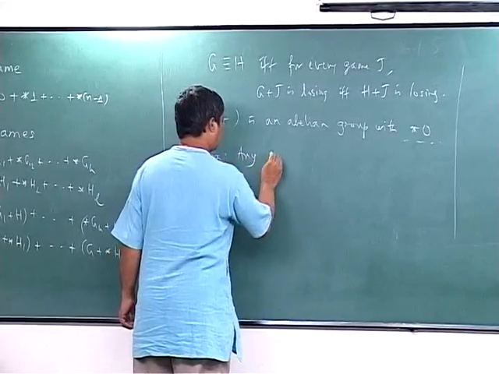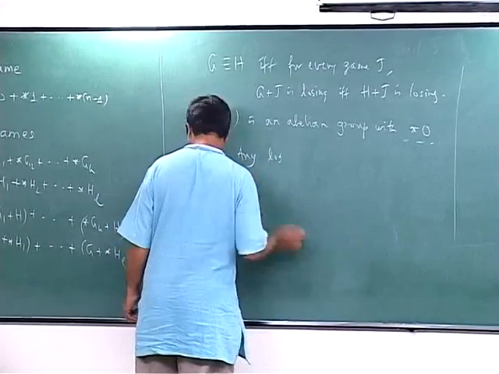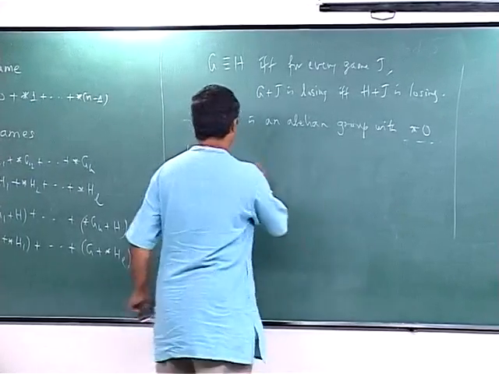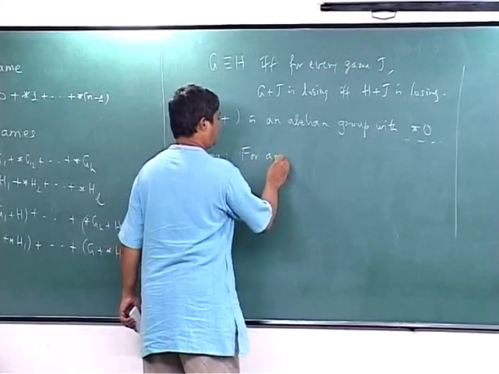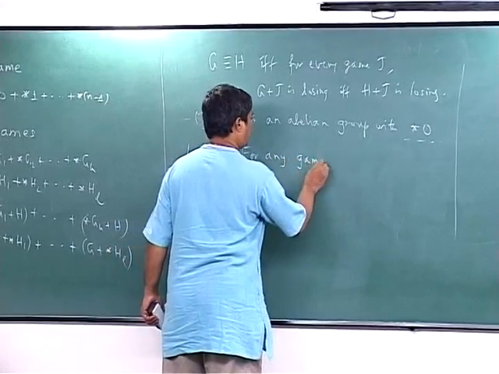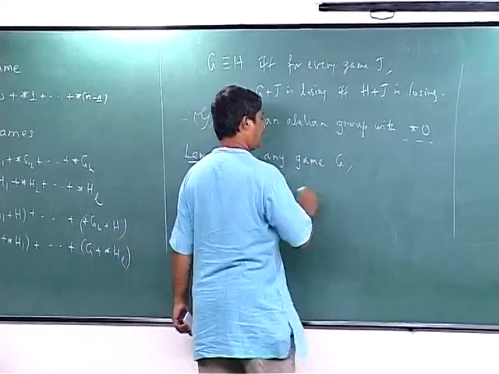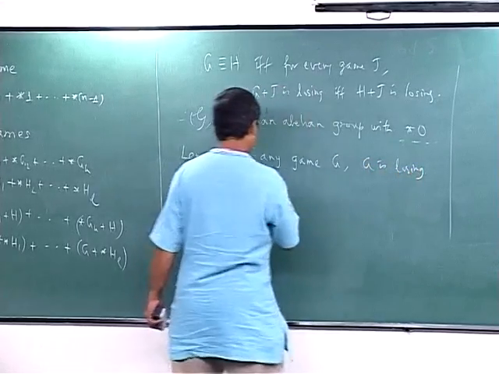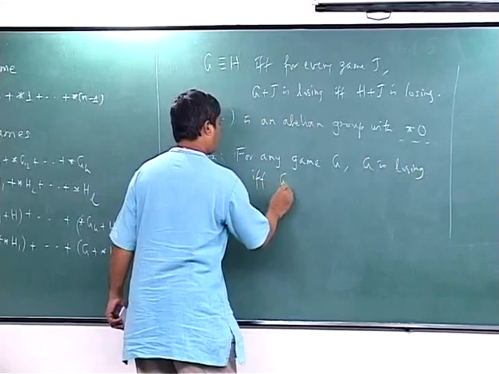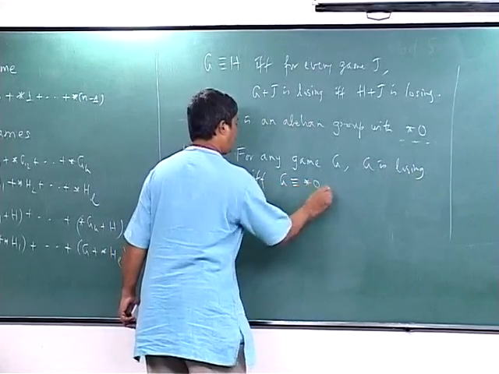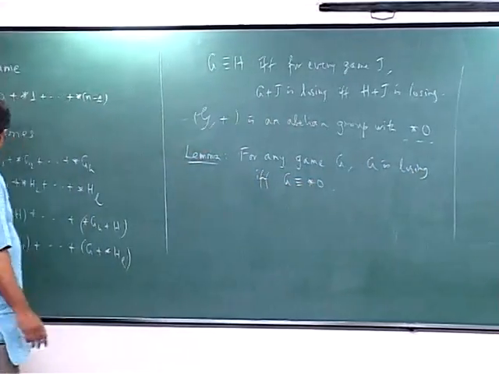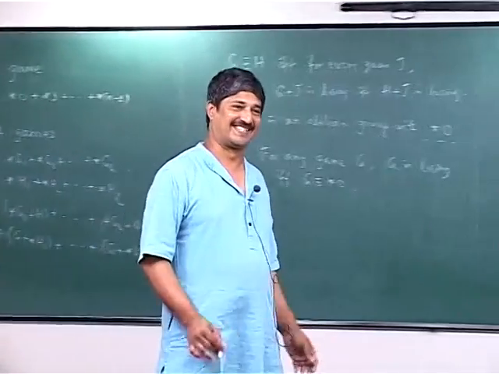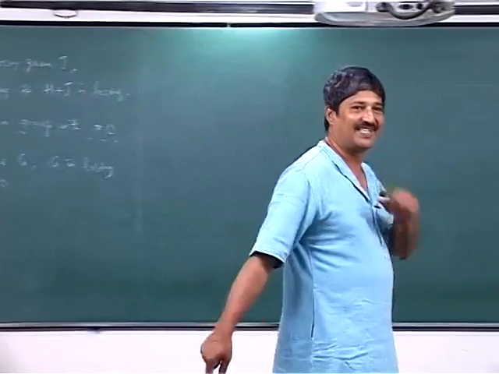For any game G, if G is losing, this is extremely important, because this says that all losing games are equivalent. Right? That's what it says.